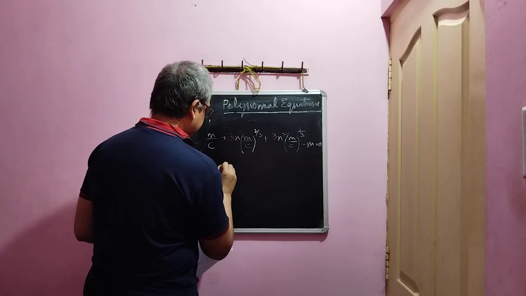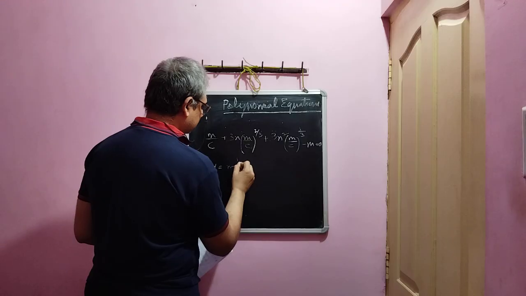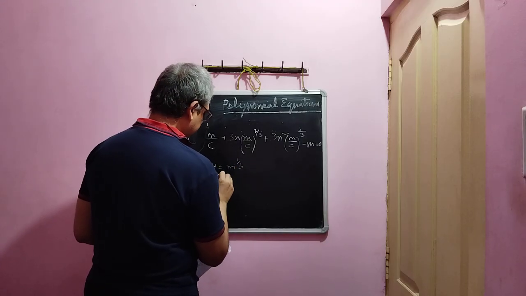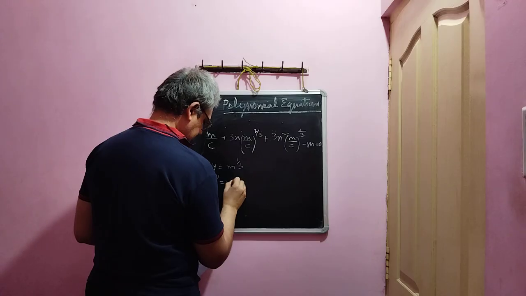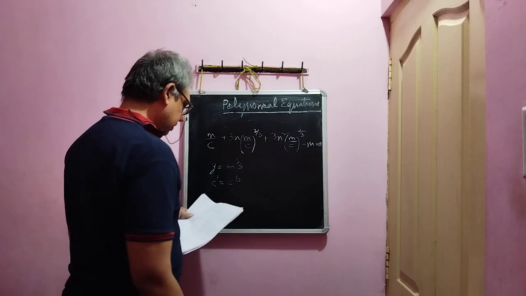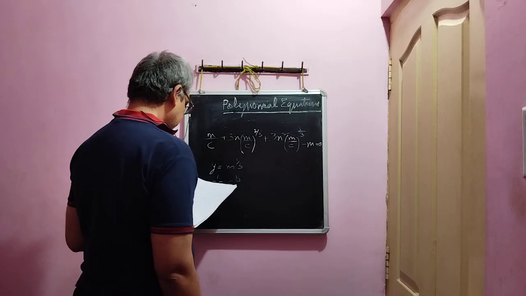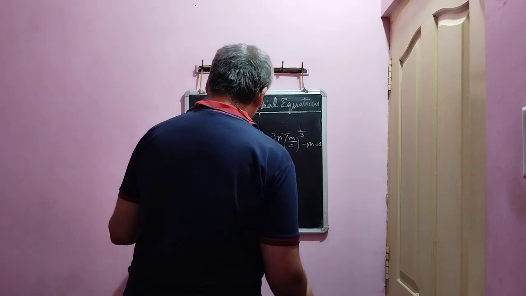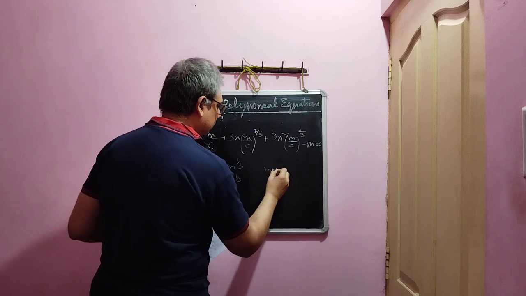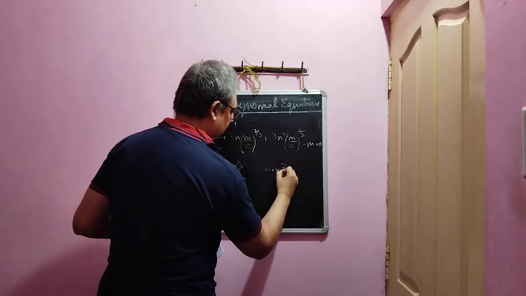Let me take y equal to another variable. y is equal to m power 1 by 3 and c dash variable is equal to c power 1 by 3. This will mean m is equal to y cube.